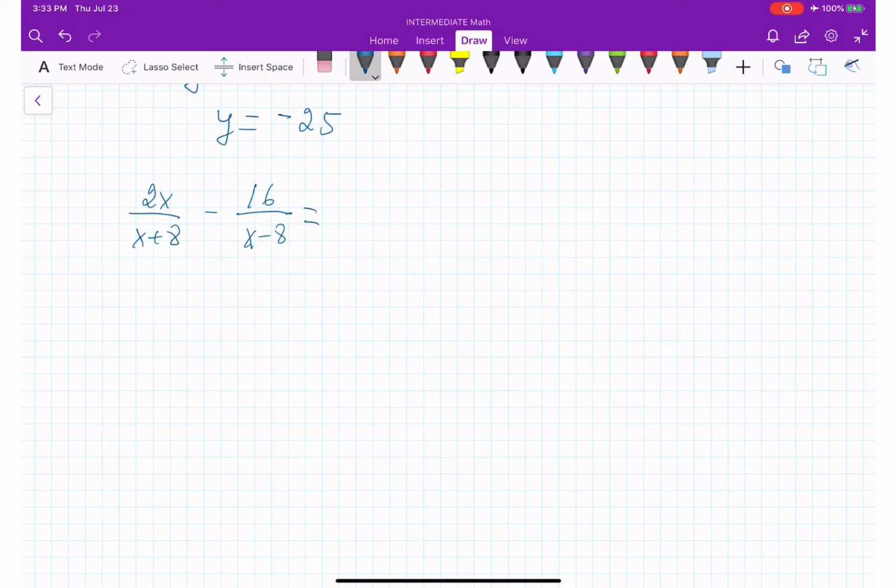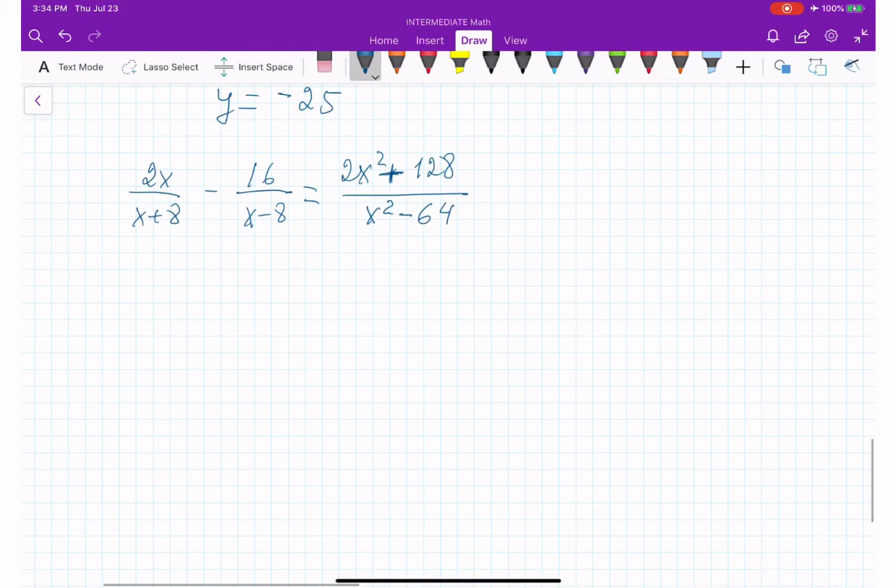And that is equal to 2x squared plus 128, and at the bottom will be x squared minus 64. So x plus 8, x minus 8.